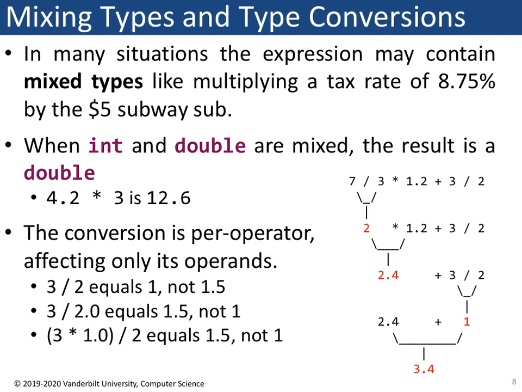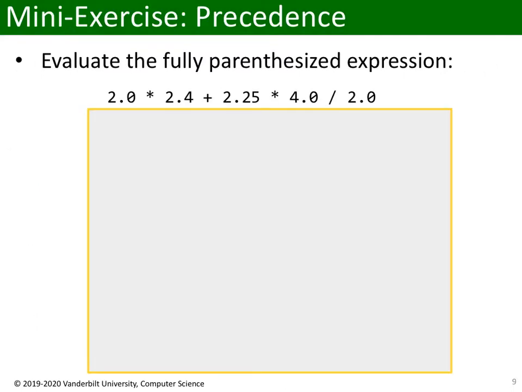Integer divided by real equals real. Integer divided by integer equals integer. Integer times integer also equals integer. So there are multiple ways to force a conversion to real should you want to make that occur.